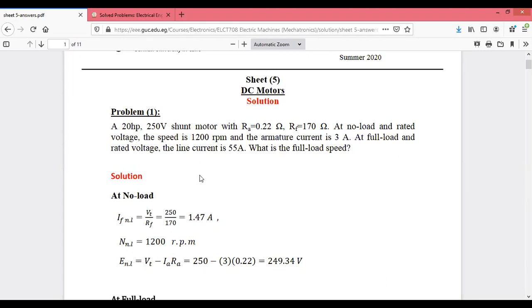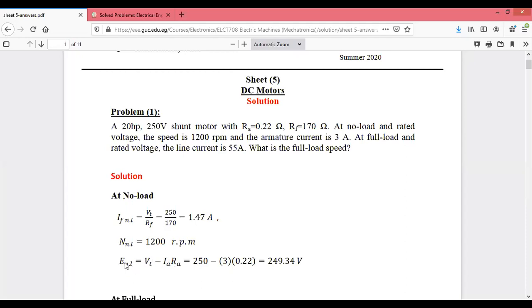E means the supply voltage. We saw in the PPTs for our DC machine that we get the voltage equation using KVL for the DC shunt motor: V equals Eb plus Ia Ra. Converting that equation for Eb, you get V minus Ia Ra.